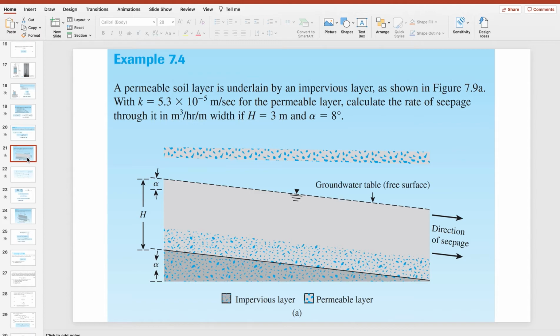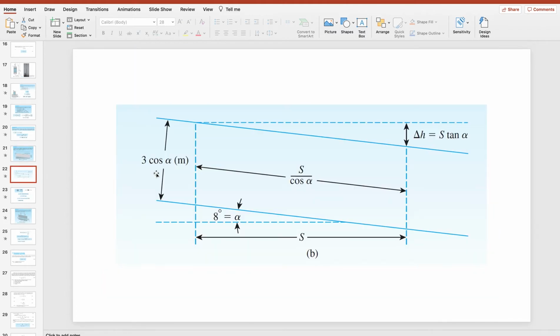Next, if you have this kind of problem, an impervious material beneath a permeable layer and groundwater at the top, then we should analyze it this way. The difference in head, this is delta H. Tangent alpha is equivalent to delta H over S. So delta H is equivalent to S tangent alpha.